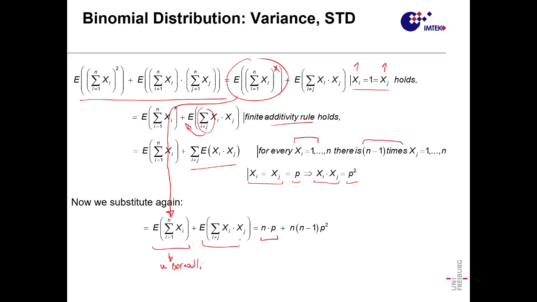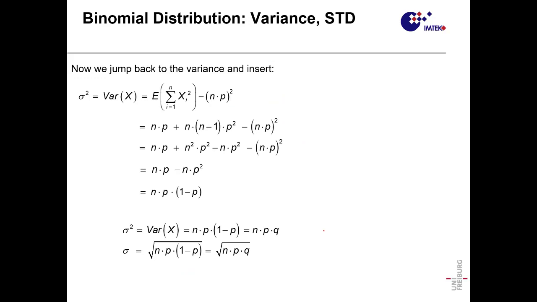The second, since what we are saying here is that for x times there is a 1, there are n minus 1 times there is a 1 in the other realization, then you will have n times (n minus 1) times p squared. I know that it's not simple to grasp why xi and xj can be equal.